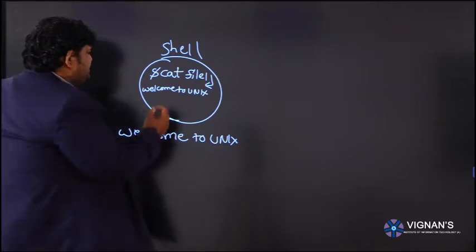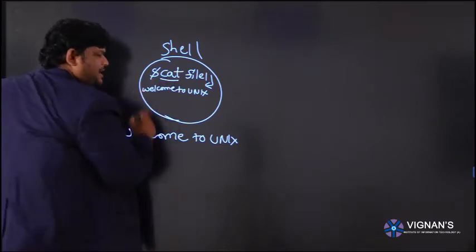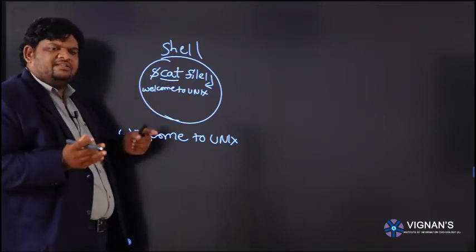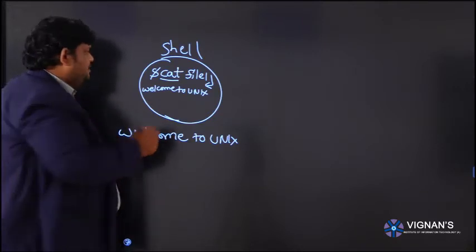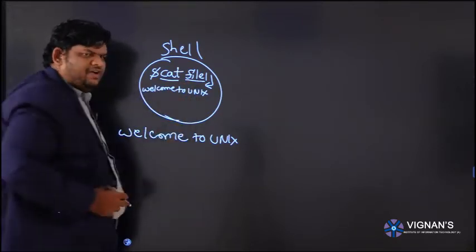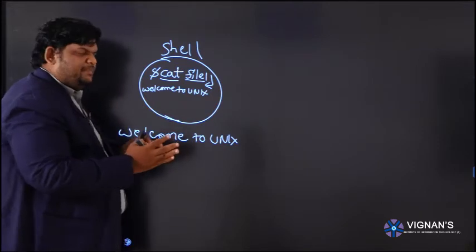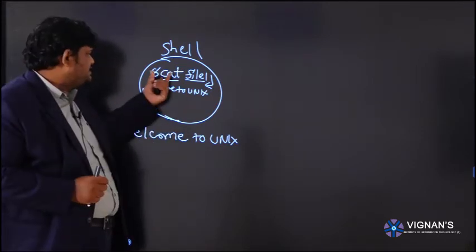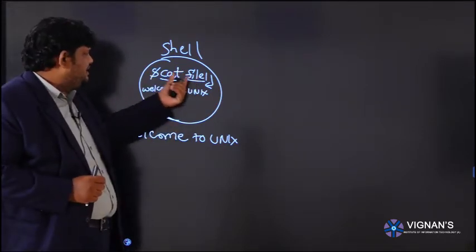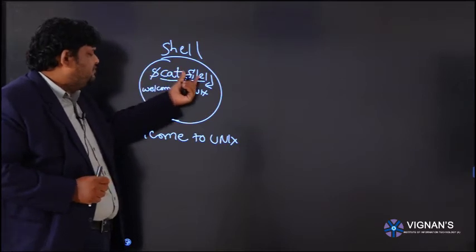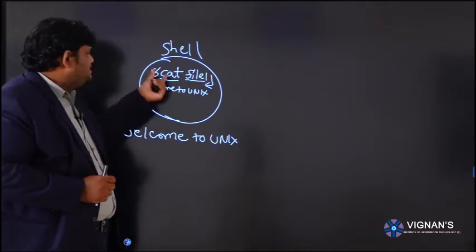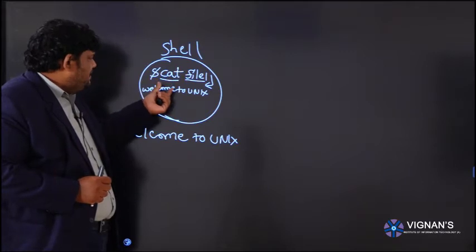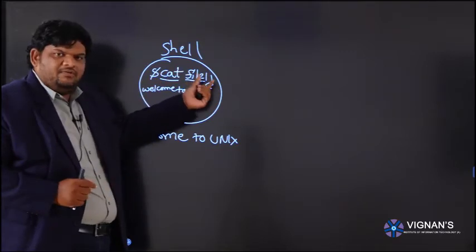It will assume this is a command, which is already an executable program, and for this we are giving file1 as input. So two parameters are there: one is the command, another one is the input. For this command we are giving file1 as an input, and the command will display the content present in that file1.